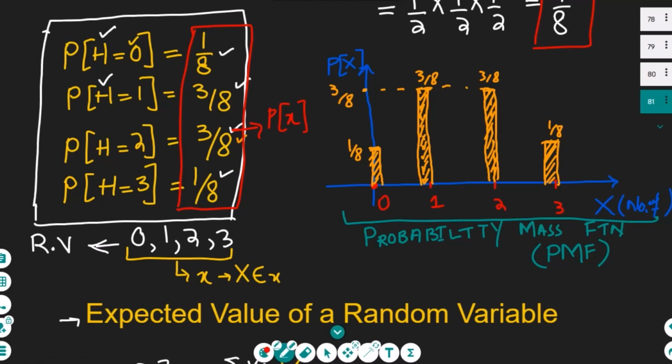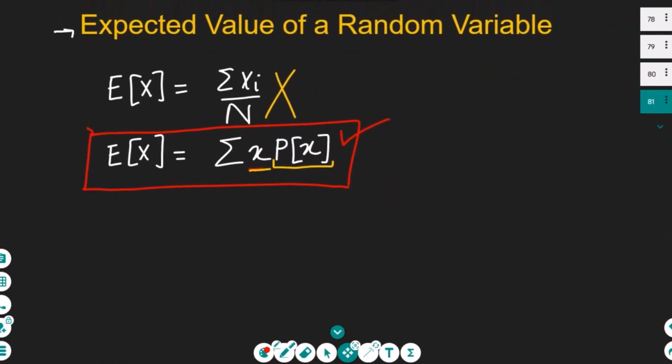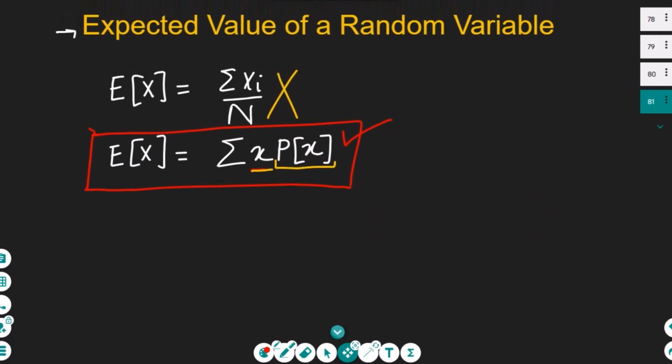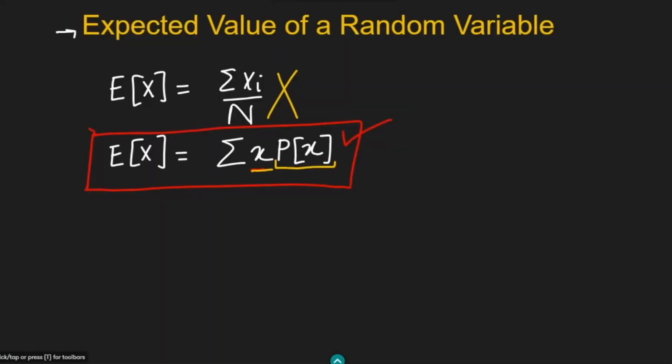Let me find the values here. In order to find the expected value, the first element here is 0, and I have to multiply it by the probability of heads equal to 0.